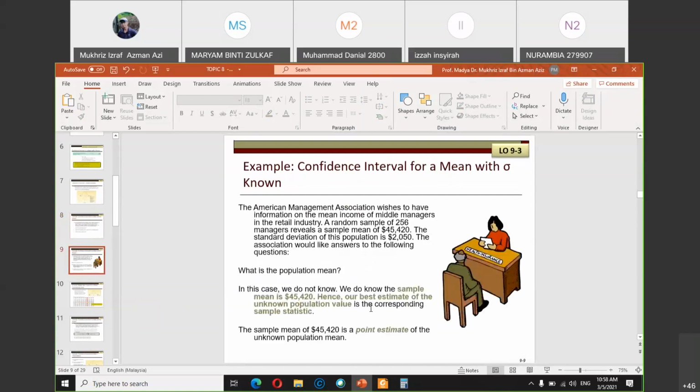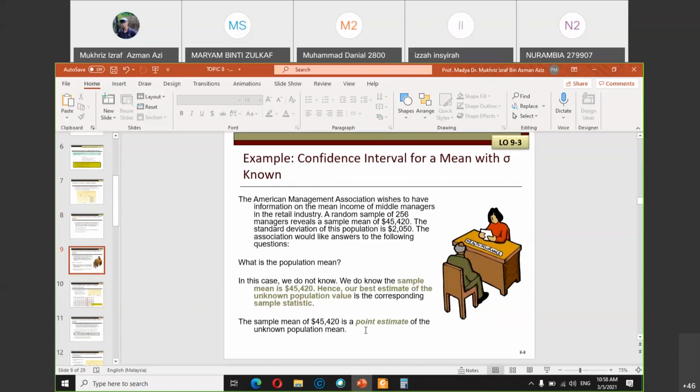Of course, what is the population mean? We say that we do not know. But what you can do is, our best estimate is using the sample mean. So this is what the question wants you to think. What is the population mean? We do not know, but our best estimate is using the point estimate, which is the X bar, equal to 45,420.